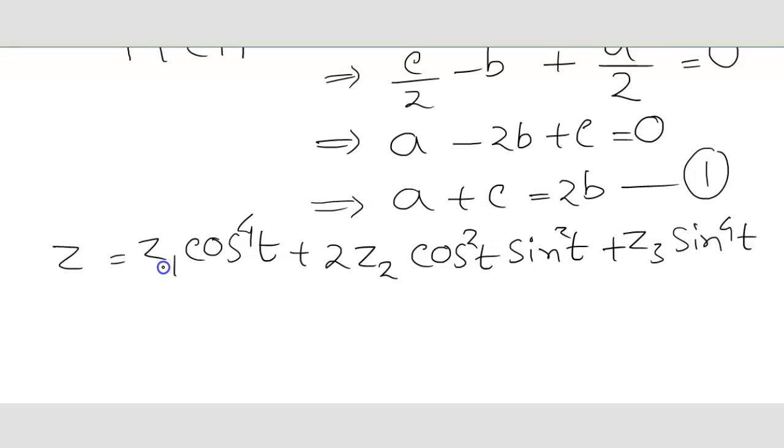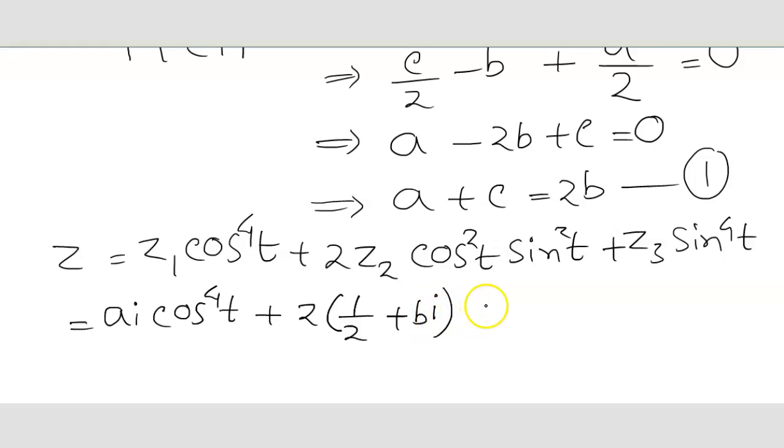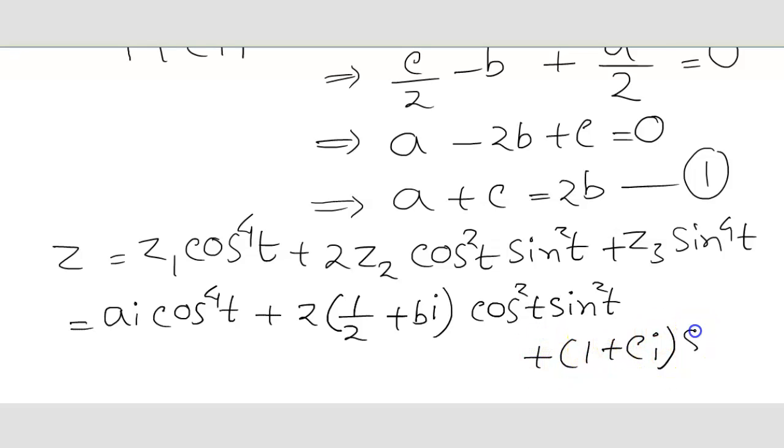So if we put the values of z1, z2 and z3, we found that z1 is given by ai cos 4t, z2 is given by 1/2 plus bi times cos²t sin²t, and z3 is given by 1 plus ci sin 4t.